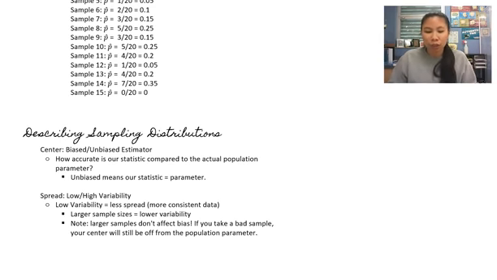If you took a large sample but you got a bad sample to begin with, or it wasn't random, then you're still going to have bias within your sample. And even though it's a large sample, your center is still going to be off from what the population parameter is. So larger sample sizes don't affect bias.